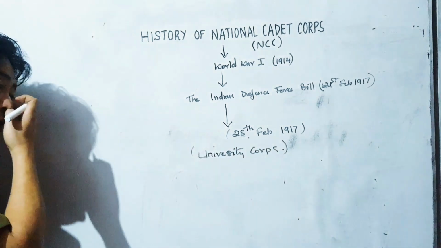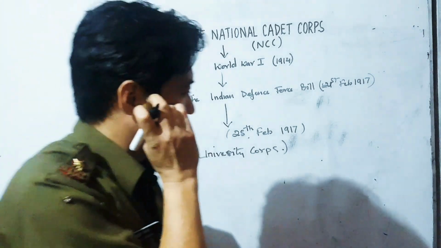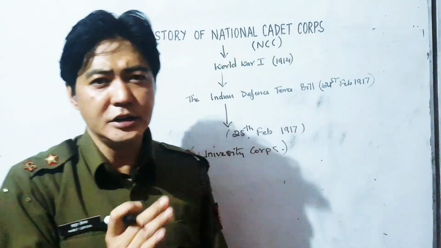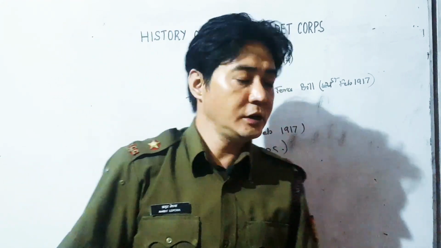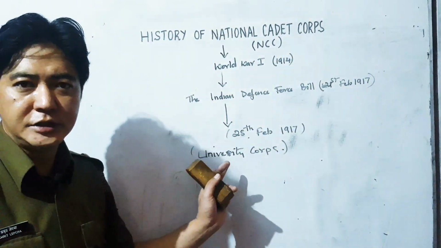So you can see here the initial step taken by the government to form the youth organization was University Corps.